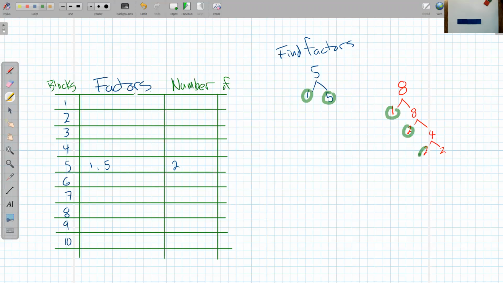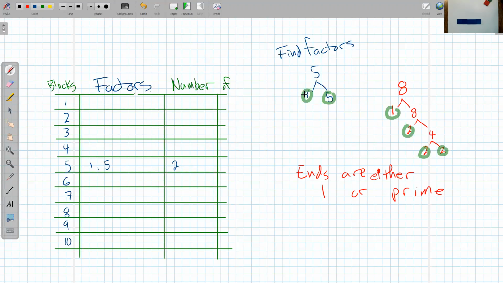here, and here, and here, and here, are numbers that I can't factor any further, is the way you do a factor tree. And if you can't factor any further, you get one of two things. The numbers at the end are either one or a prime number.